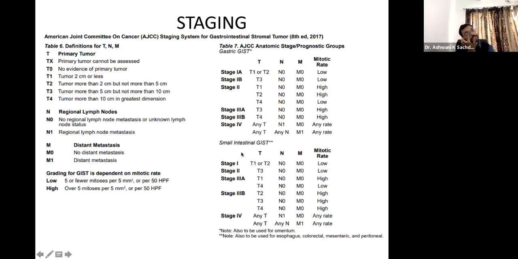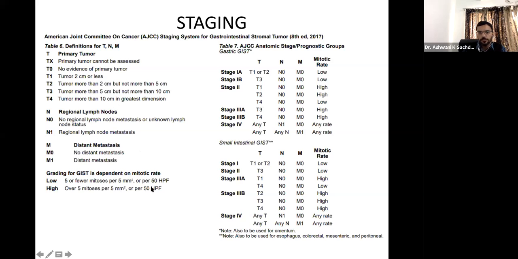So staging for GIST. Staging is similar, like in anal canal also. T1 is 2 centimeter or less, T2 more than 2 less than 5 centimeter, T3 more than 5 centimeter but less than 10 centimeter, and T4 is more than 10 centimeter.